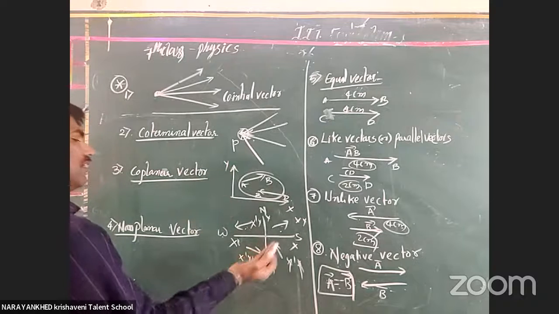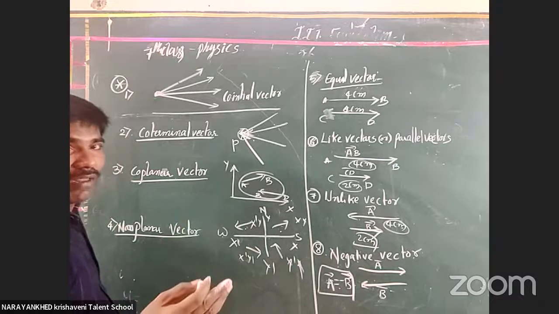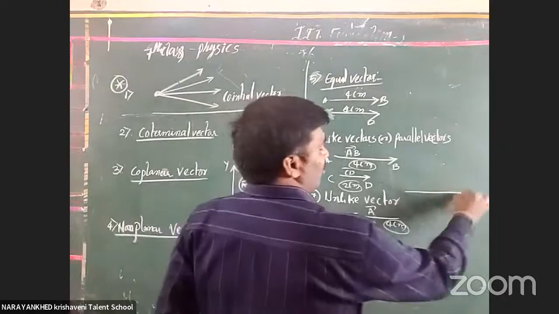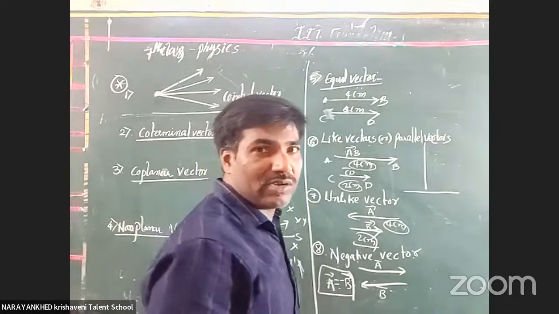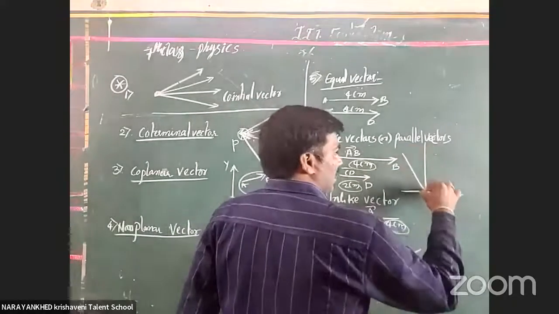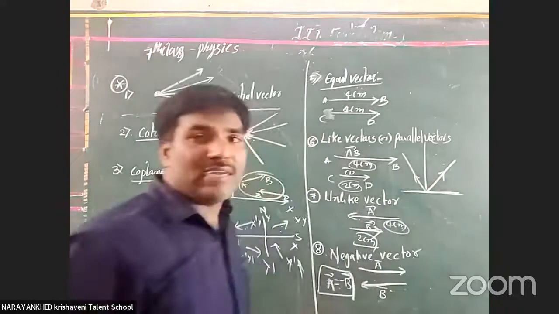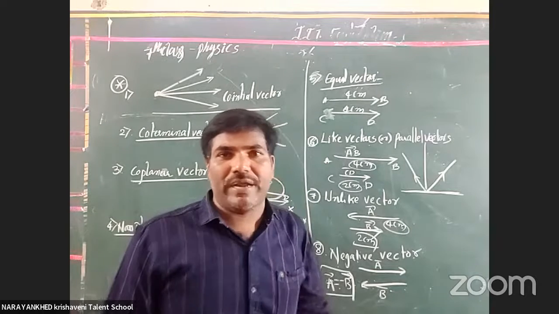On the other side, in case they are not in one particular plane but in another plane, that is called non-coplanar. An example is the reflection of light, the law of reflection. The incident ray and the reflected ray are coplanar.